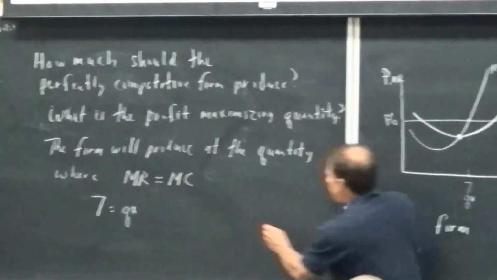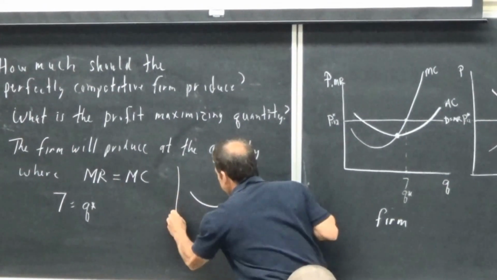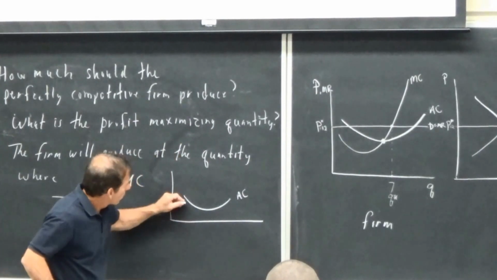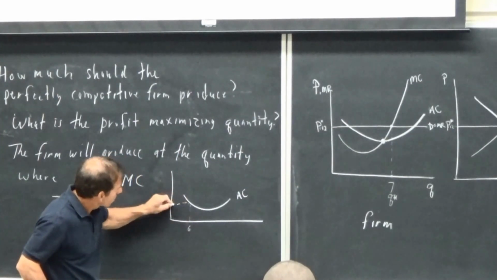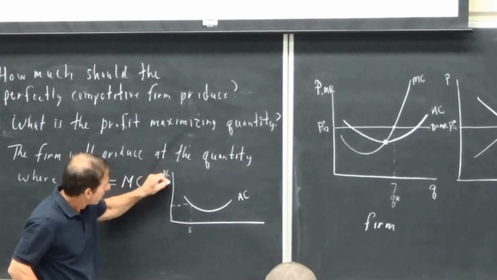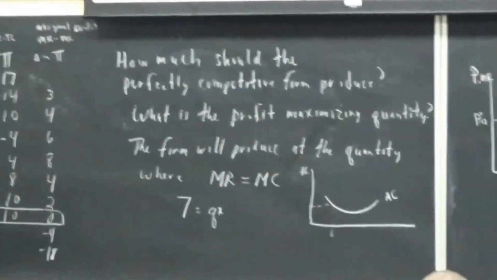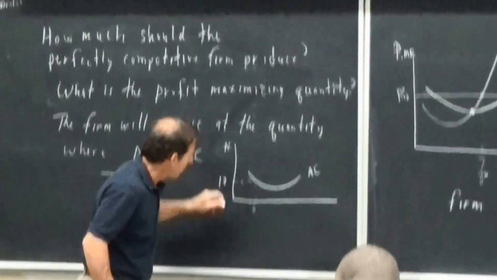So if this is my average cost curve and this is quantity, if I was to produce, let's say, 6, then my average cost would be whatever this is here, about 10-ish.